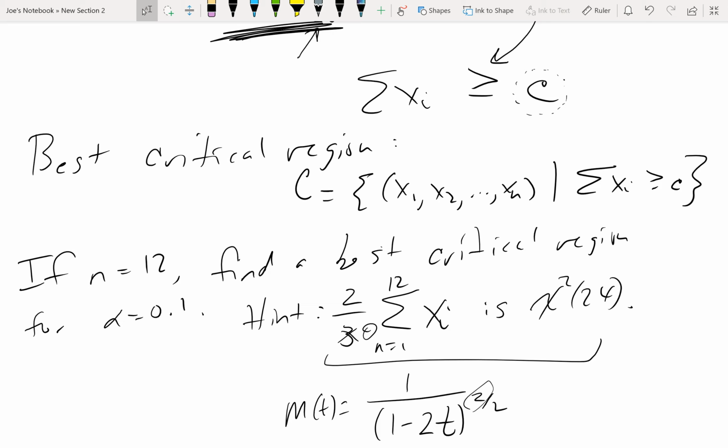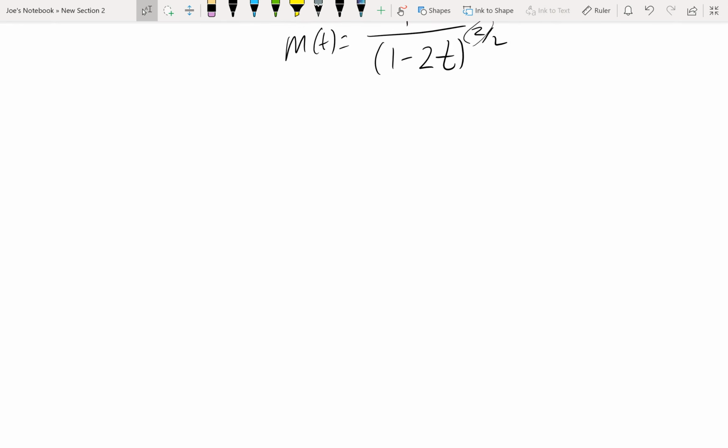We still want 1 minus 2t every single time, so the variable gets changed in the PDF when you do the transformation. If you let y equal 2 over theta x, then remember our trick for finding the distribution function?